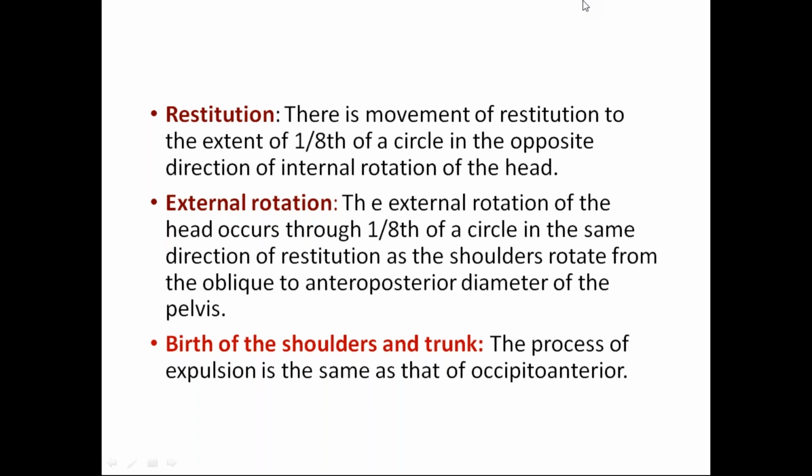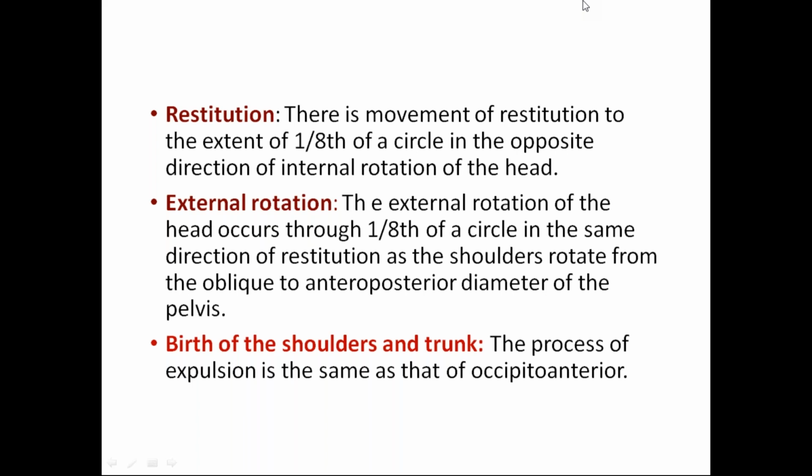Here it is again 1/8 of a circle. Like normal delivery, what happens? It is again internal rotation, then the opposite of the internal rotation of the head, external rotation. When the head is delivered, then what happens? Again the shoulder has to deliver.